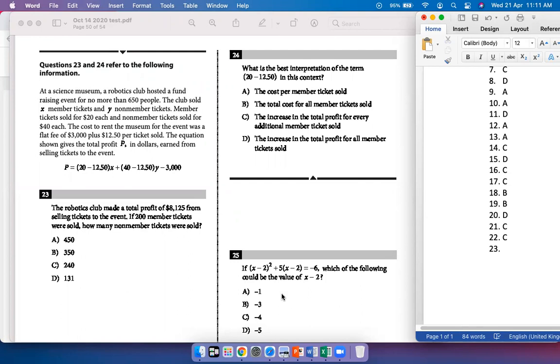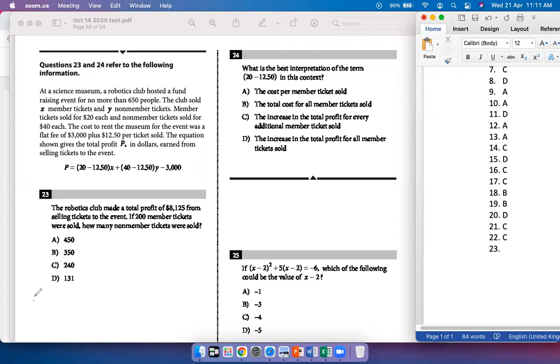The cost to rent the museum for the event was a flat fee of 3,000 plus 12.5 per ticket sold. The equation shows the total profit earned from selling tickets to the event. Okay. So the robotics club made a total profit of 8125 from selling tickets. If 200 member tickets were sold, how many non-member tickets?